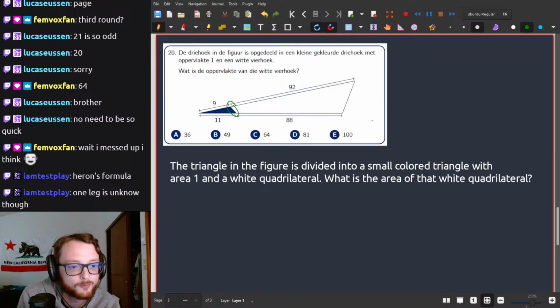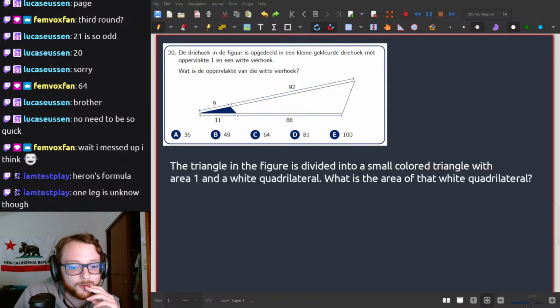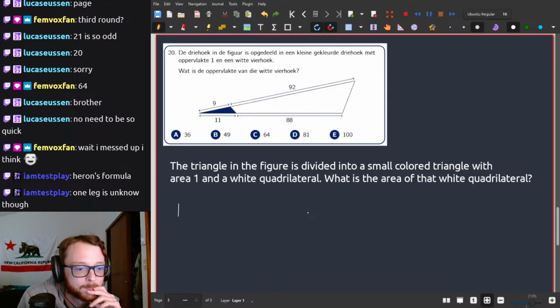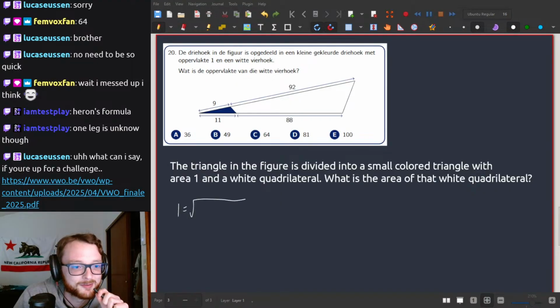With Heron's, right? I guess we can always do that, because we're probably gonna need it. So, root semi-perimeter. That's half perimeter, right? Yeah.